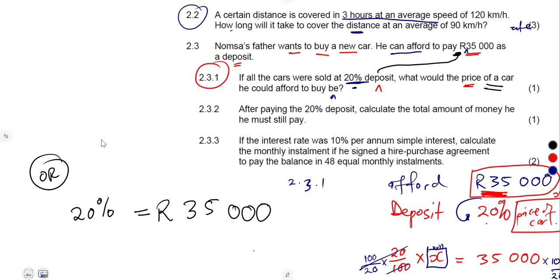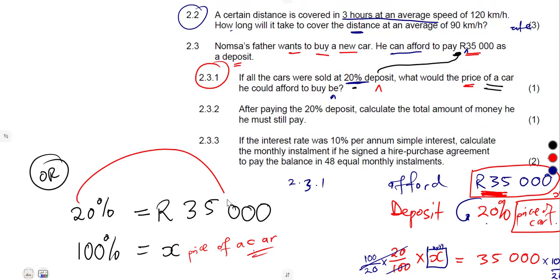We know that it can reduce from that or it can increase from that, or we can calculate whatever percentage from 100%. So the 100% represents the price of the car, which is our X. That's the concept. So if 20% is 35,000, which is a deposit, guys, what about 100%?